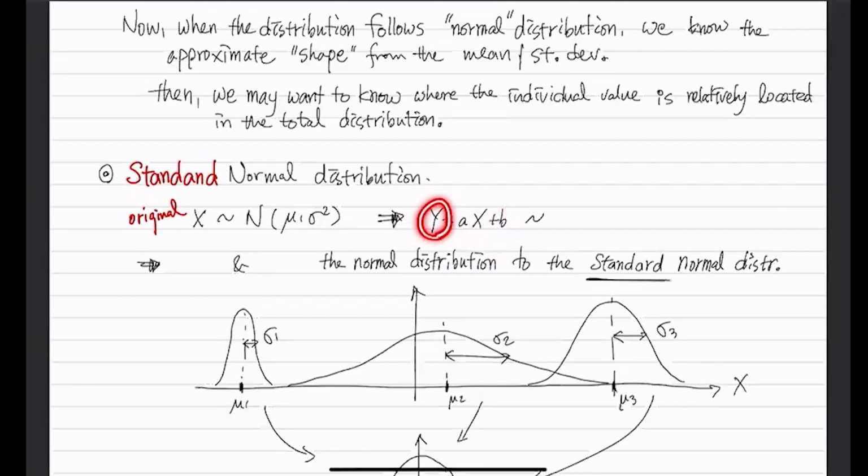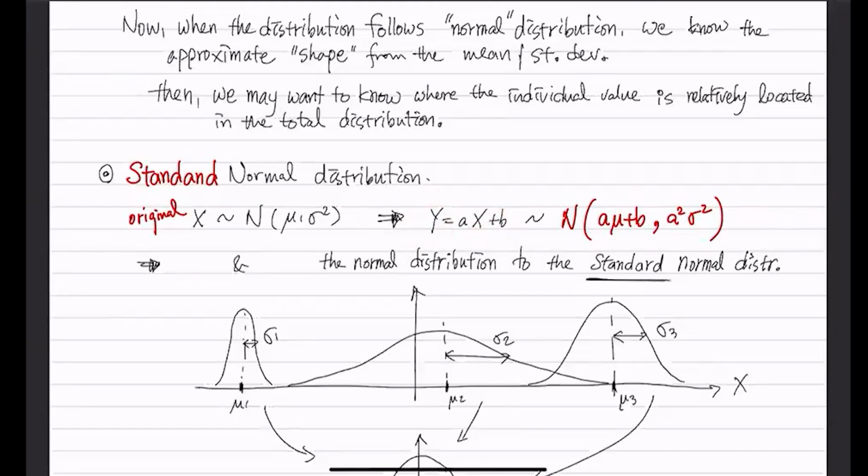And this y is going to follow a new normal distribution that has a times mu plus b as the mean and a squared sigma squared as the variance. That's just the mathematical property of these normal distributions, okay?